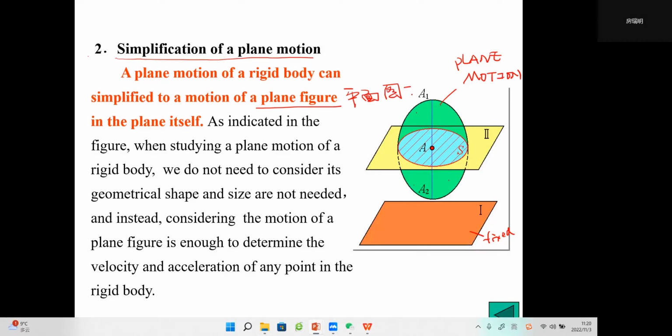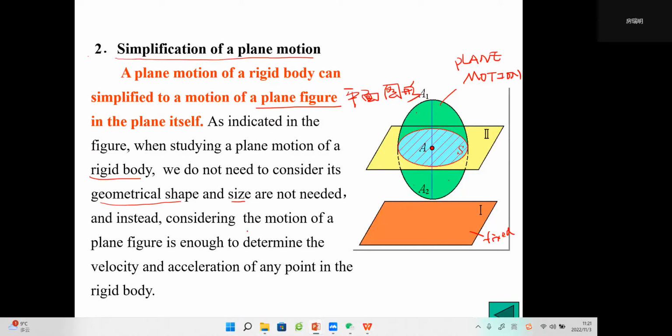Why can we use the plane figure's motion to denote a plane motion of a rigid body? As indicated in the figure, when studying a plane motion of a rigid body, we do not need to consider its geometrical shape and size. We just need to consider the motion of a plane figure.